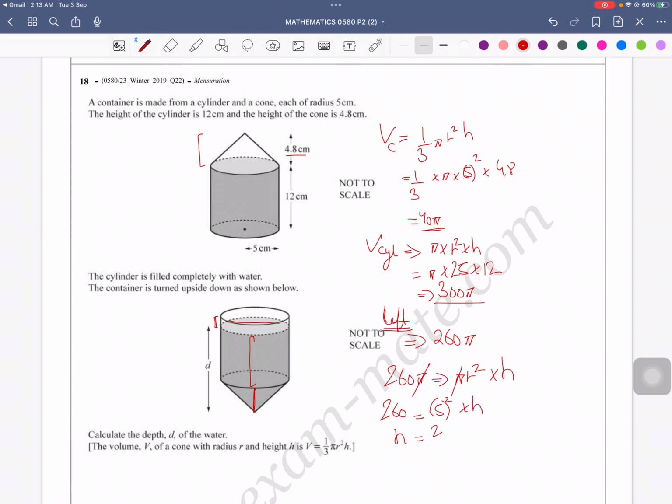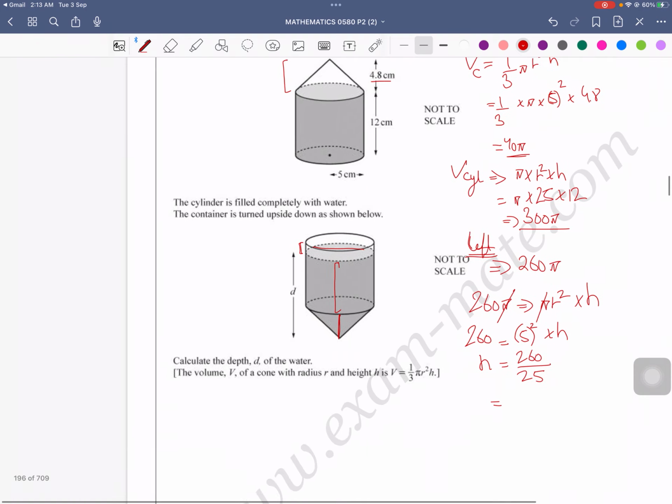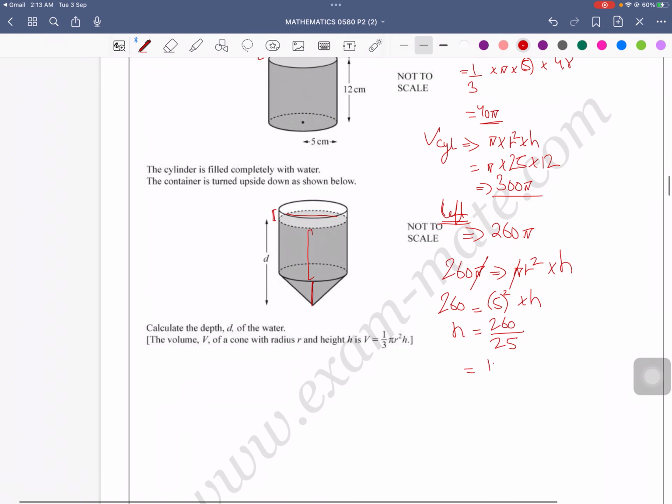We can simply do 260 over 25, guys, right, and get our answer, which is 10.4. So this is the new height of water in the cylinder. So this new height that I asked you to find is 10.4, and you already know the height of this is 4.8. So the total depth would be 10.4 plus 4.8, which would be 15.2.